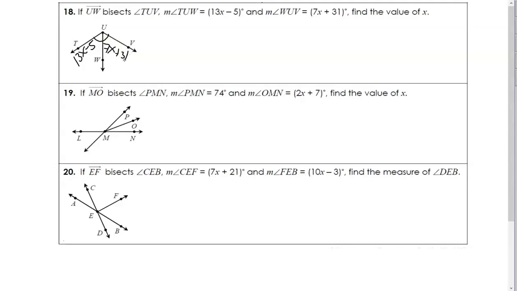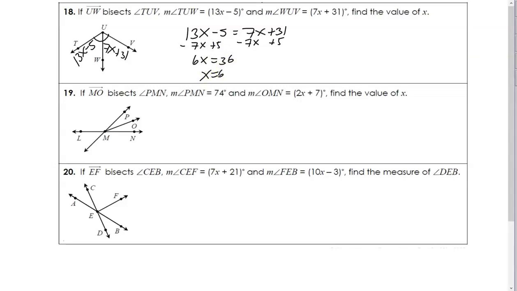Well, if ray UW bisects TUV, that means that TUW and VUW are congruent or equal. So that's going to mean that 13x minus 5 equals 7x plus 31. When we go ahead and do our usual steps, 6x equals 36, so x equals 6.